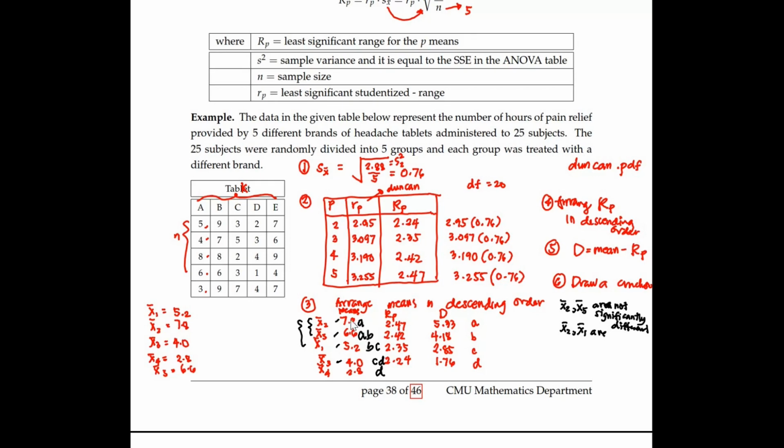So, kaya wala sila common duha, si x sub 2 and x sub 1, then they are significantly different. Nakuha? So, as klaro nga significantly larger si x sub 2 kang x sub 1.